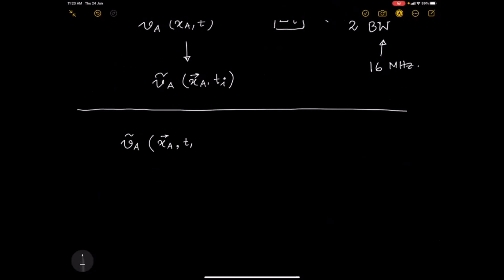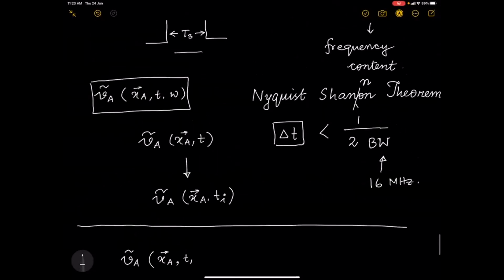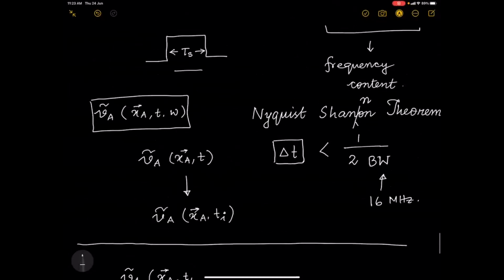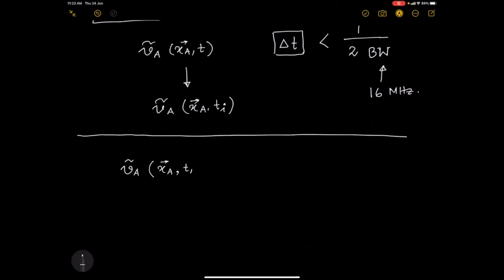From now on, we know how to get the frequency content of the signal. Again, just for simplicity, as you have seen, things become very long and don't fit into one line, so I'll not write the frequency explicitly. Everything depends on frequency, and for the time being, we can assume that we are dealing with only one frequency.